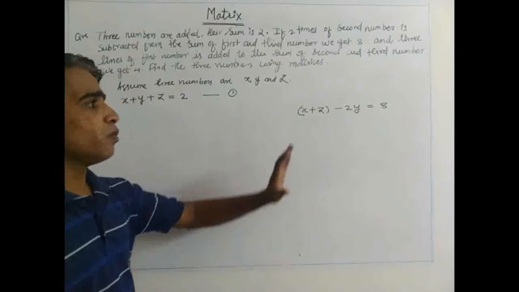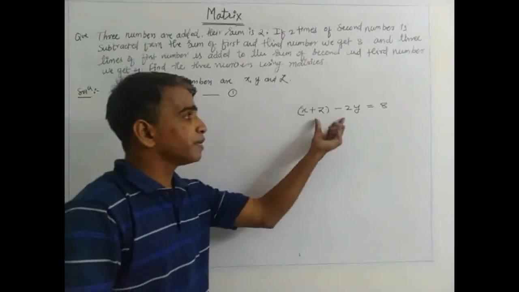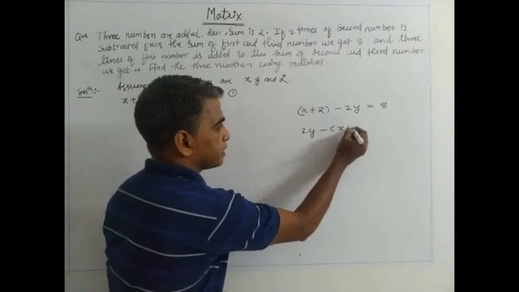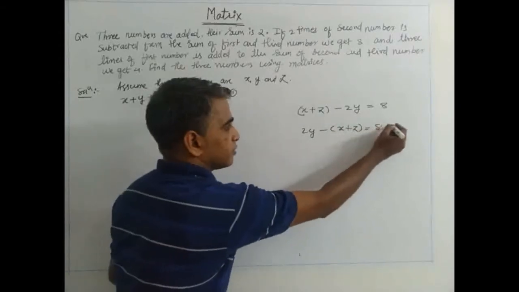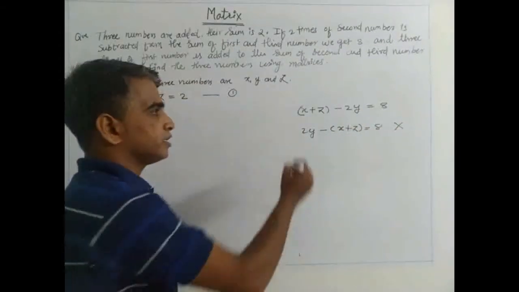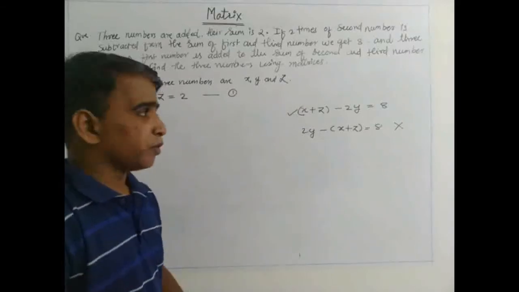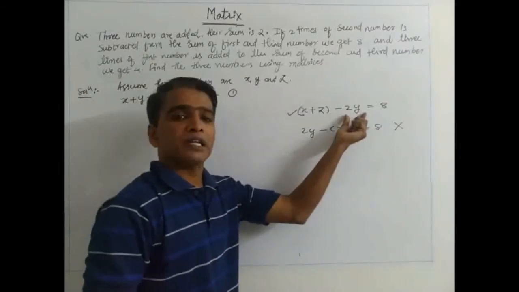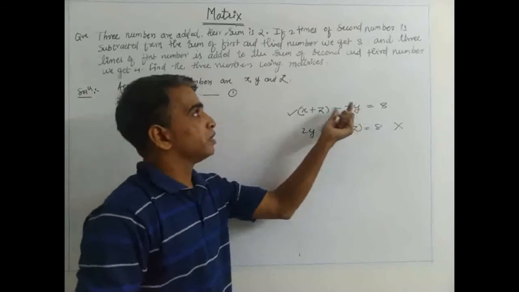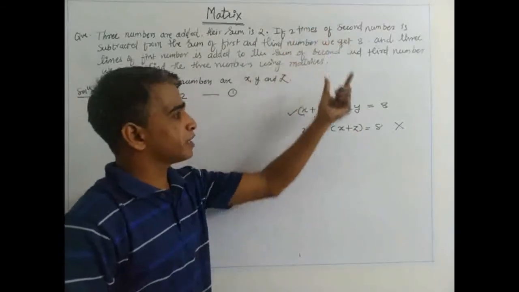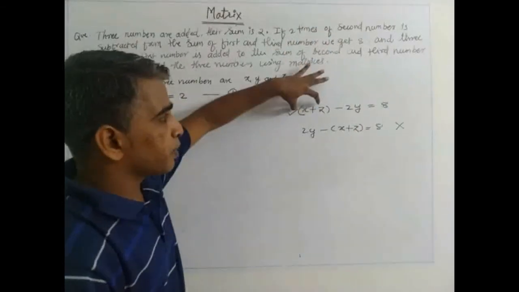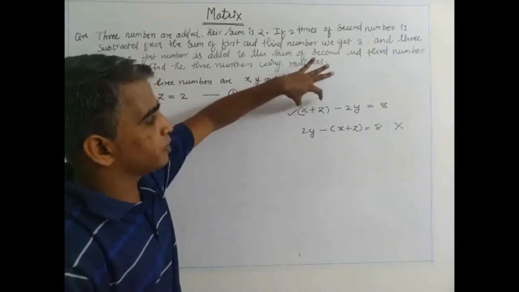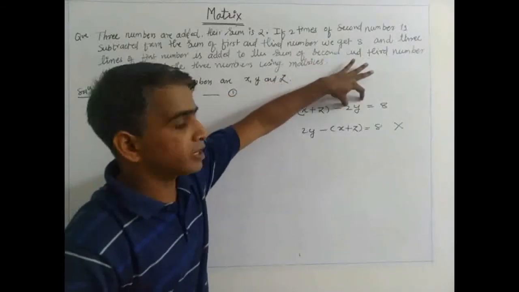See, students always make a mistake by writing that 2y is subtracted from x plus z. It is a wrong equation, and this is the correct equation. Because whenever the word subtraction comes, the subtracted value will always be the second value, not the first value. So here they already mentioned that 2 times the second number is subtracted, so x plus z, the sum of first and third number, should be the first number, and 2y will be the second number.